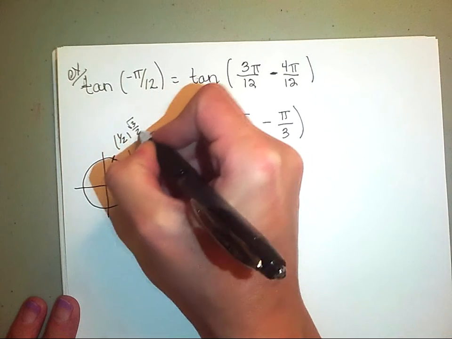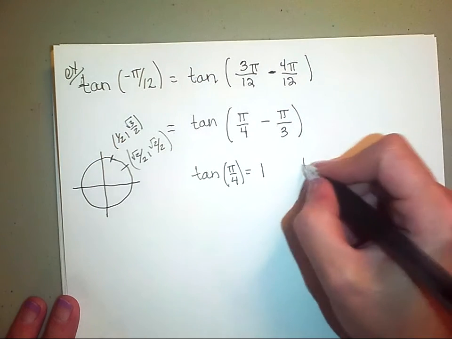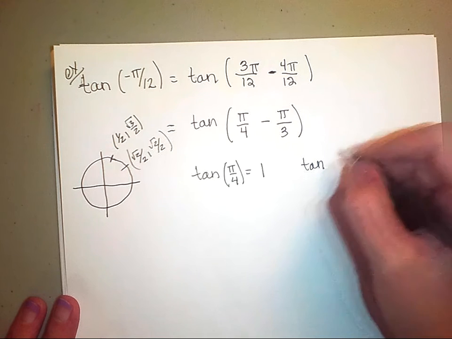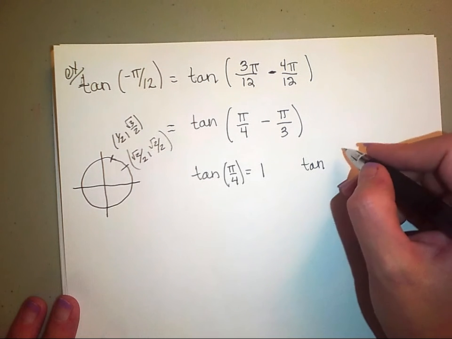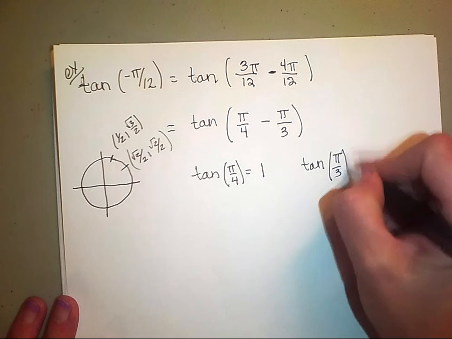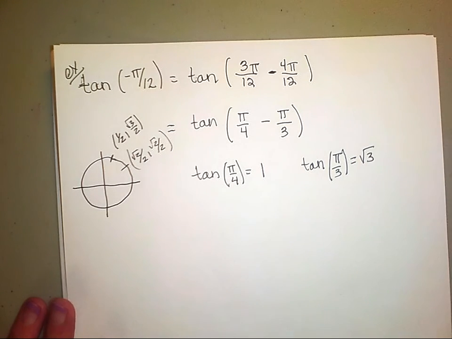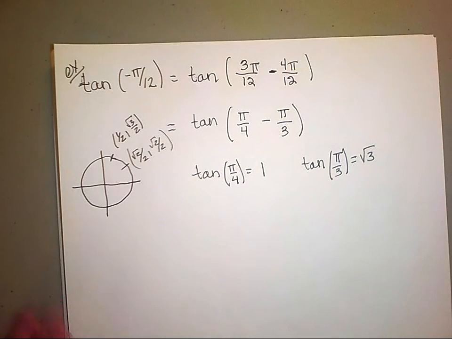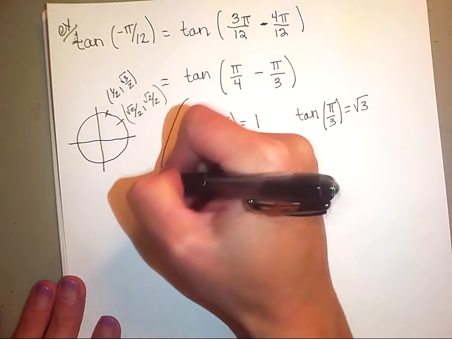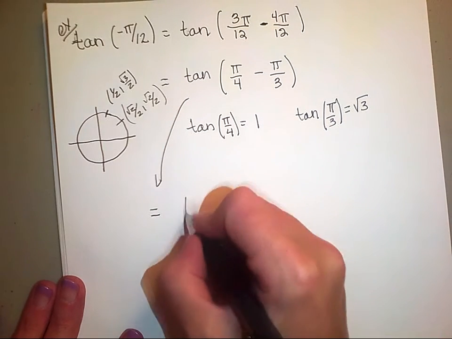That's at 1/2, square root of 3 over 2. And we just did that in the last one, did we not? So anyway, the tangent is square root of 3 over 2 divided by 1/2. So the tangent of pi over 3 is just square root of 3.